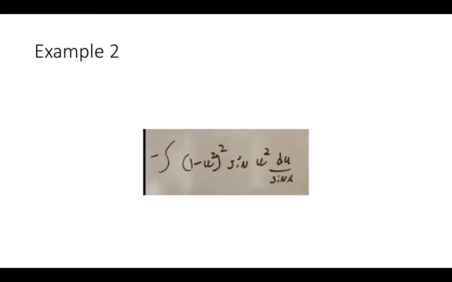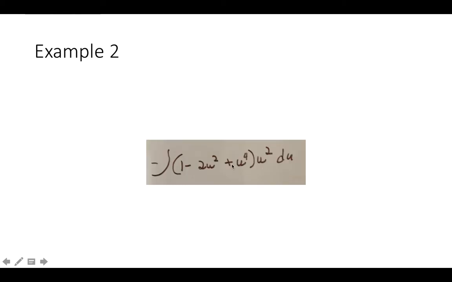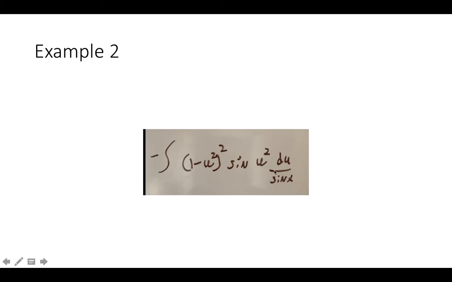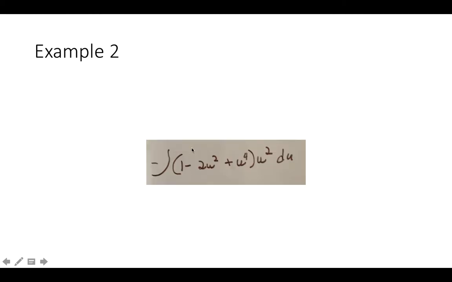Now we input information, and we move the negative to the front, and we input our u variables. So it's 1 minus u squared, squared, times sine x times u squared times du over sine x. We cancel sine x out.